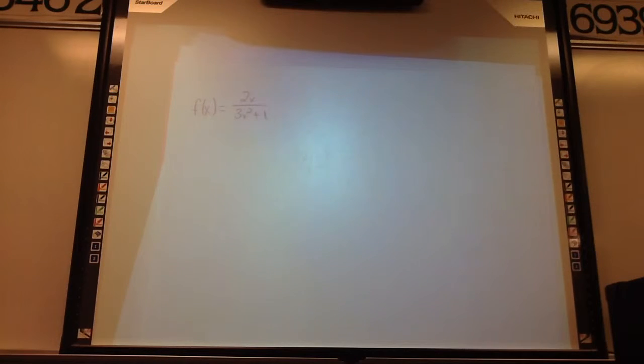I bet you could tell me where the vertical asymptotes are. Where would there be vertical asymptotes? The y-axis? That's only on 1 over x. Vertical's up and down.